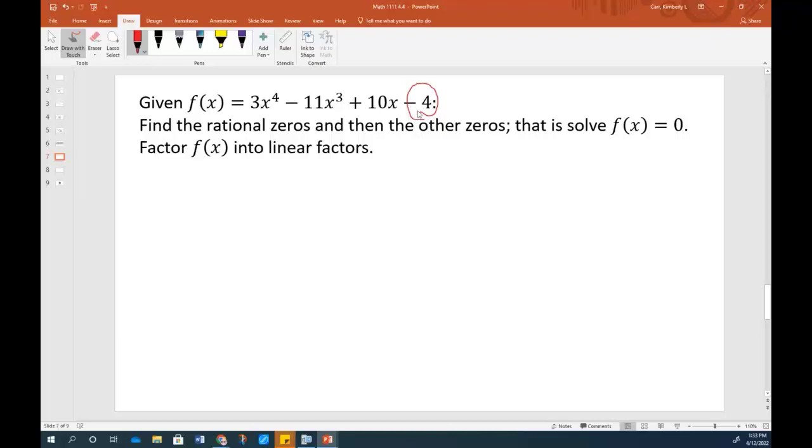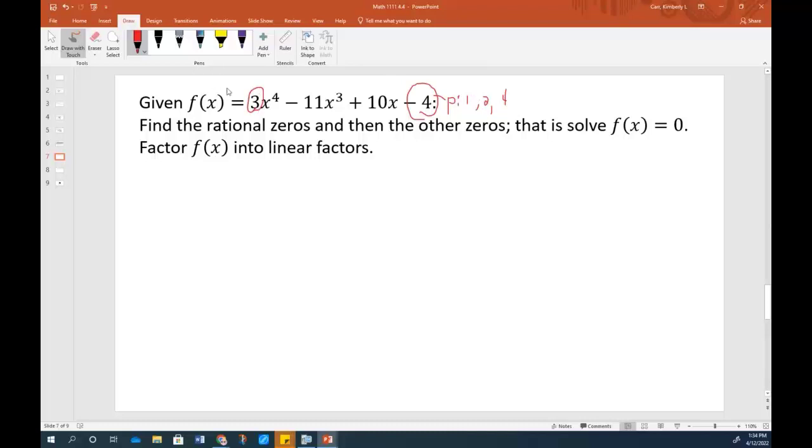It doesn't really matter if you consider the minus or not, because when we make our P over Q list, they have to be both positive and negative. So what are the things that could be factors of 4? 1 and 4, or 2 times 2. Those are the only things that actually go into 4.